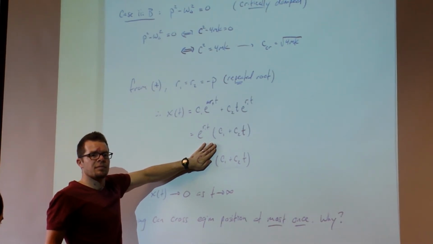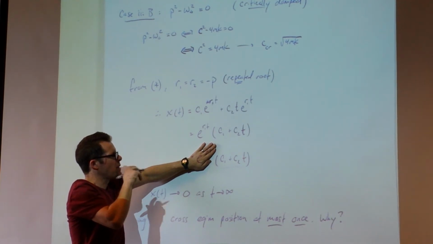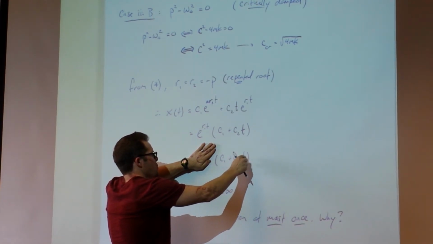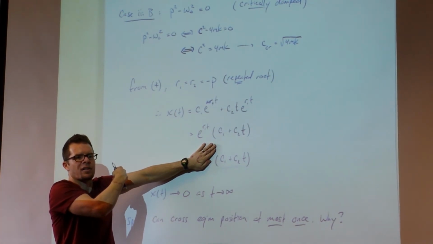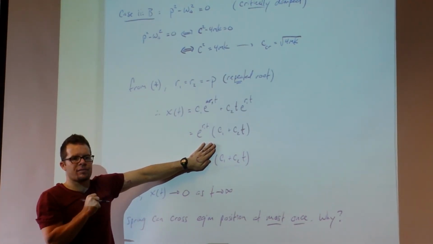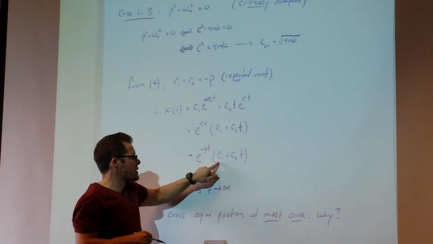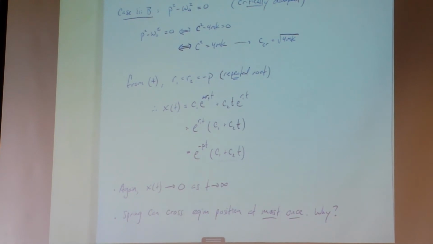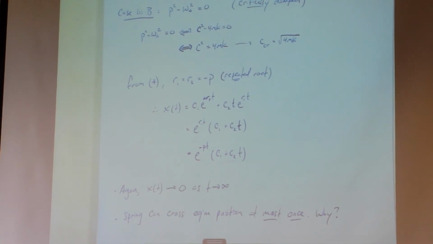Maybe the signs of C1 and C2 are such that the solution to the equation C1 plus C2 t equals 0 is negative for t, and so it doesn't describe anything realistically. So I'll say at most once, and that would be the solution when t makes this factor 0. So it will cross its equilibrium position at most once, and then settle asymptotically back to equilibrium.